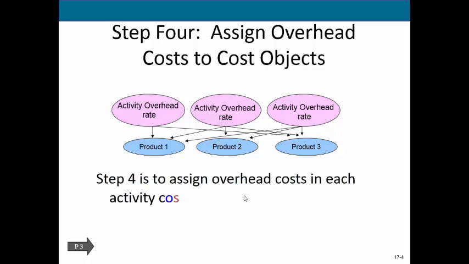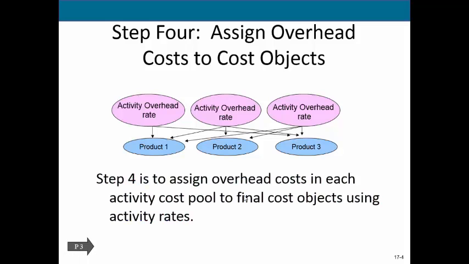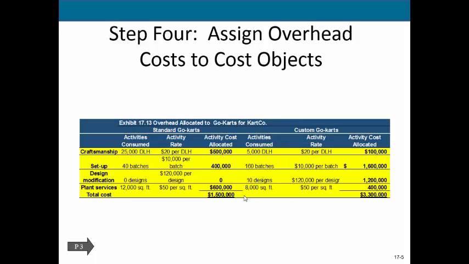So now we need to just assign our costs to our products, and we'll do that using our activity rates. So you can see here we've got the standard go-karts here, the custom go-karts over here. So for craftsmanship, if you'll remember, those are going to be allocated based on direct labor hours. So we'll use the same activity rate of $20 per direct labor hour for each of our products, and then look at how many of the activities each consumes.